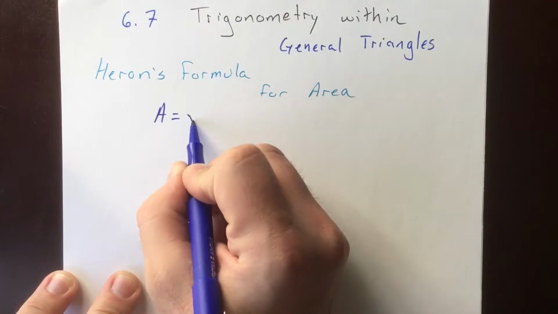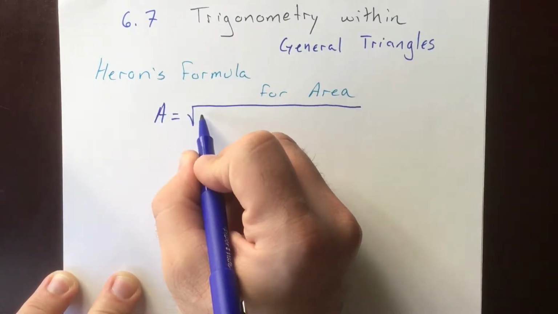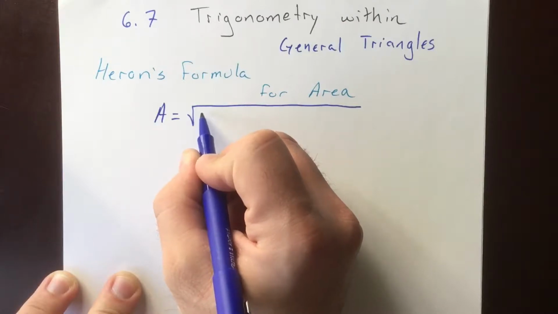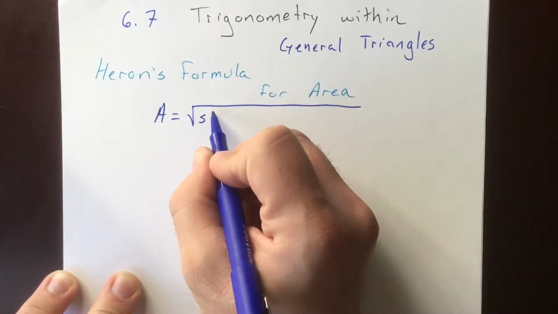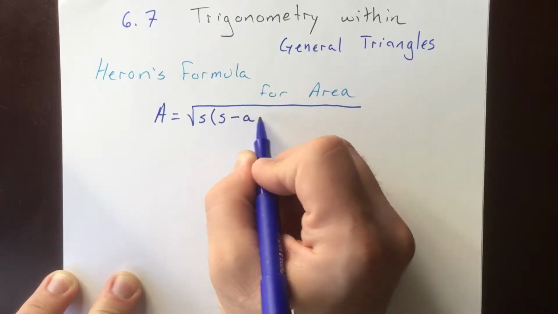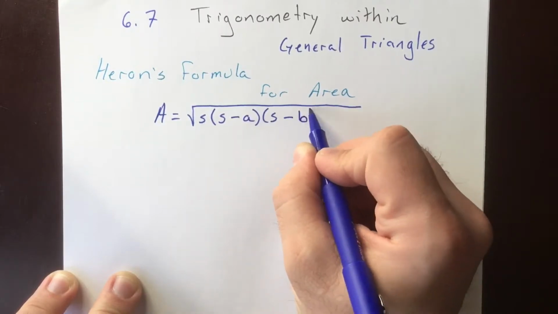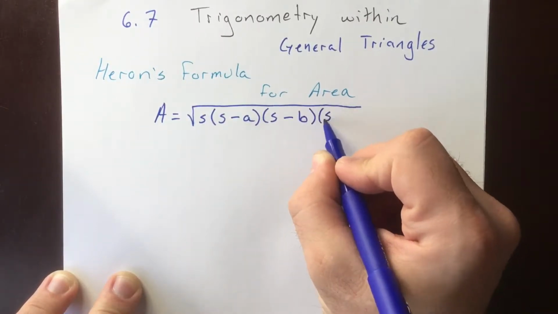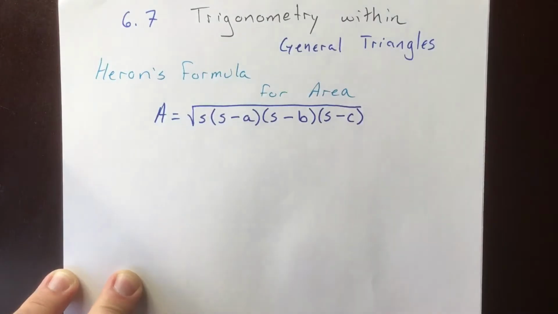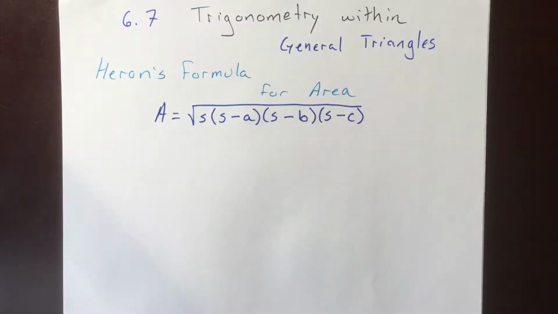It reads, area equals the semi-perimeter, yes I said semi-perimeter, I'll explain what that means, S multiplied by S subtract A multiplied by S subtract B multiplied by S subtract C. And evaluating that will give us the area of the triangle.